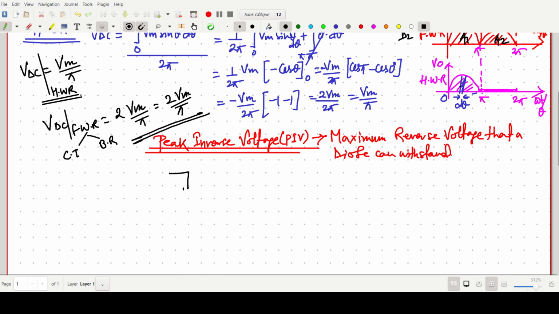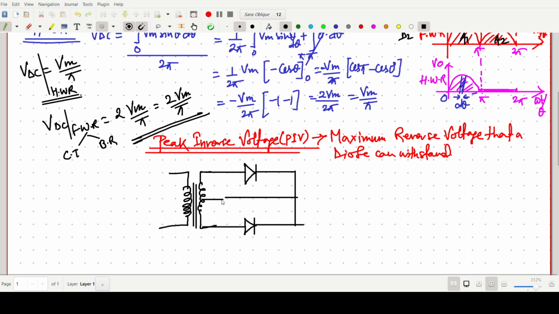For this purpose I am making the center tap transformer. This one is our diode, one diode is there and one more diode is there, and there is the load RL, with D1 and D2.